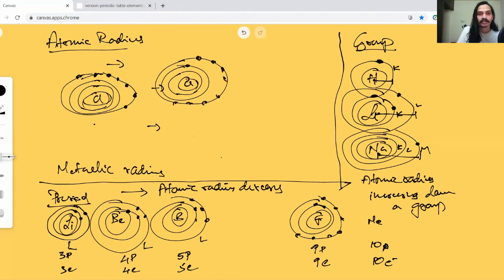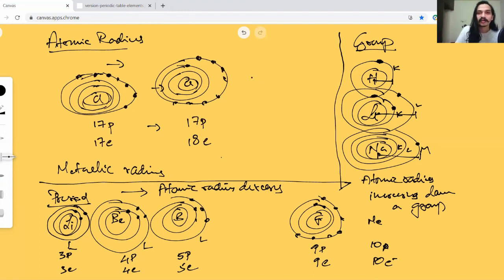So chlorine goes from having 17 protons and 17 electrons to having 17 protons and 18 electrons. This time the number of electrons is more, the negative charge is higher. The positive is less, so it cannot pull the negative charges as effectively.